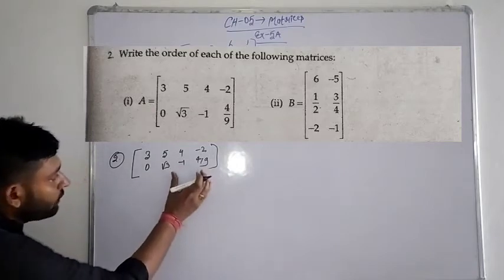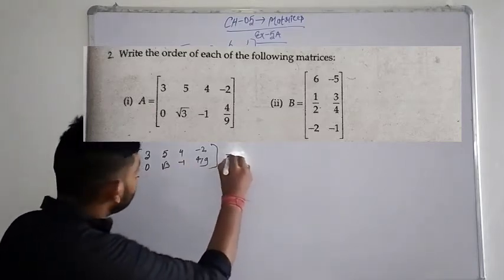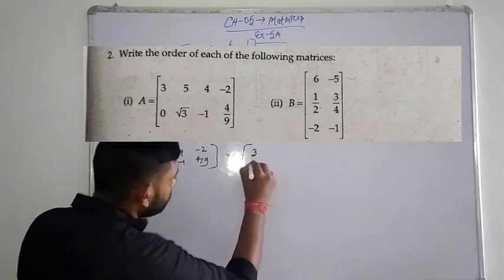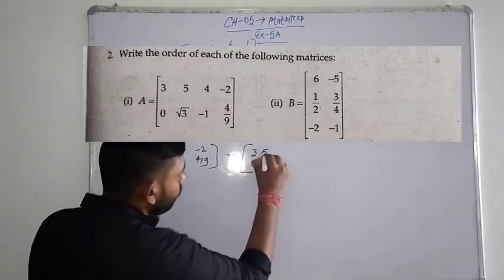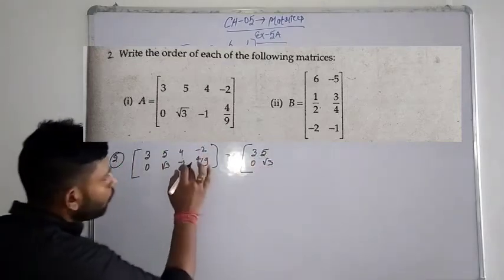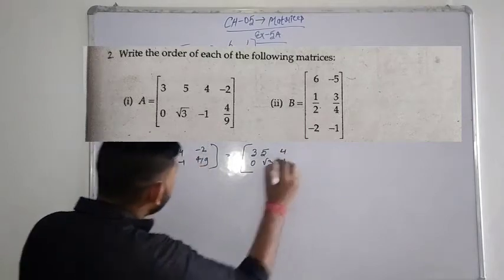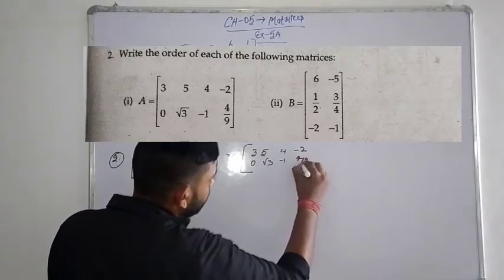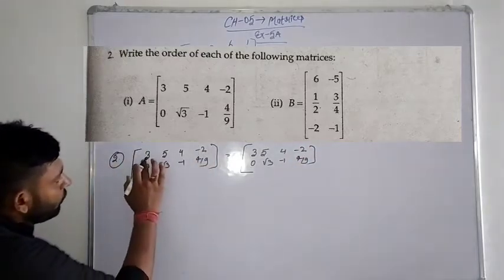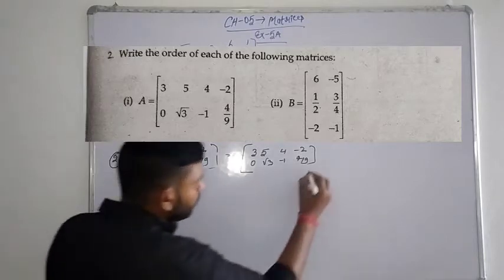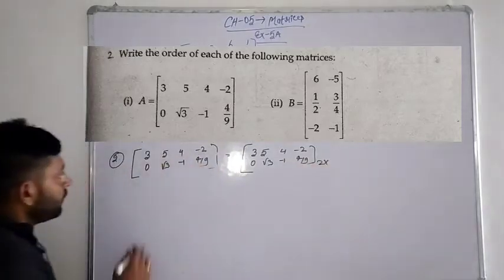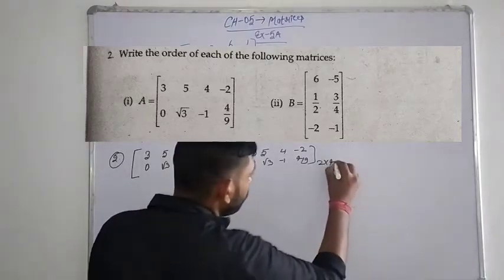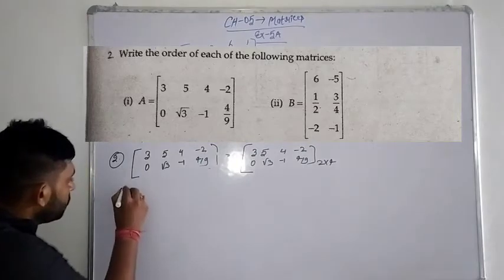So in this matrix we write the order: 3, 0, 5 root 3, 4, minus 1, minus 2 and 4 upon 9. m into n, 1 row, 2 row, that means 2 rows and 1, 2, 3, 4 columns. 2 into 4.